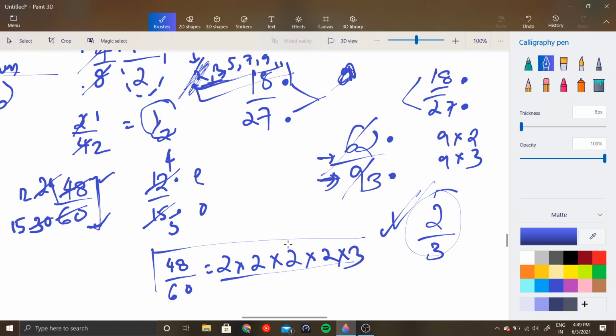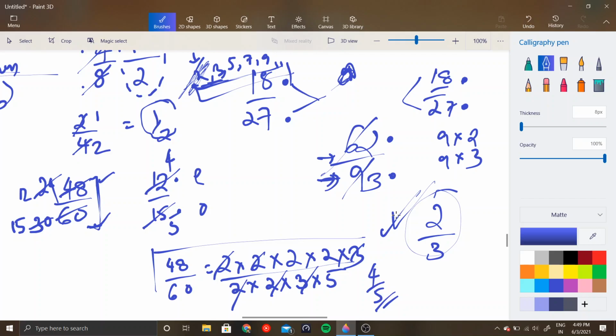So you get 6 into 2 is 12, 24, 48. Here you will have 2 into 30, which is 4 into 15, which is 15 is like this. So what you do is, now just cancel off the equal terms. So 2 and 2 get cancelled, 2 and 2 get cancelled again, 3 and 3 get cancelled, right? So you're left with 4 by 5, correct?